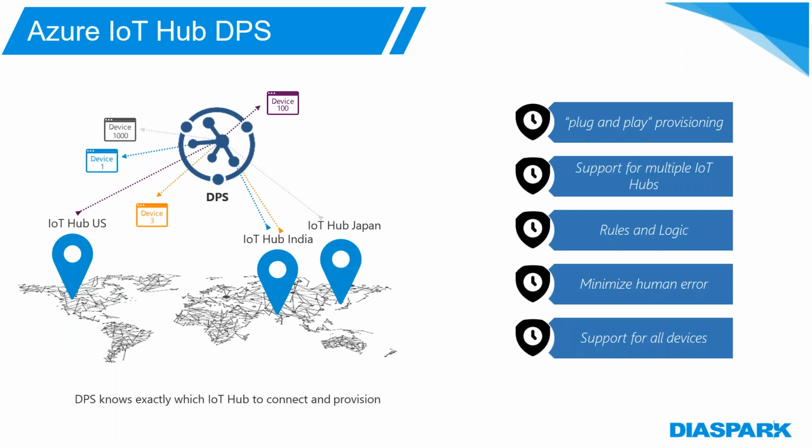Then another thing is the device provisioning system. This is something you can call a helper method or a helper service for device provisioning. When you are talking about security, if you have the Azure IoT connection string and you are deploying it in the devices, it could be hacked or compromised because the string is hard coded in the devices.